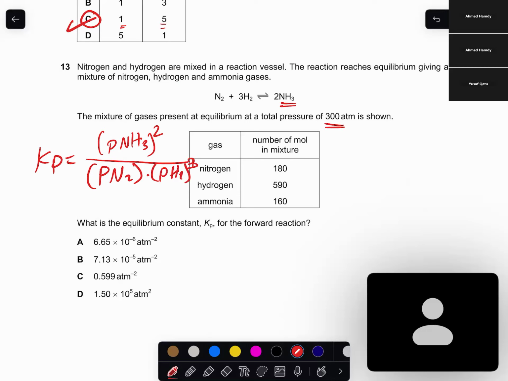Here I don't have the pressure of this one, I don't have the pressure of this one, I don't have the pressure of this one, but I have the total pressure. To get the pressure of each one of them, the pressure of each one equals the mole fraction times the total pressure. So I have to get the mole fraction of each one of them and multiply it by the total pressure. How do we get the mole fraction of NH3?